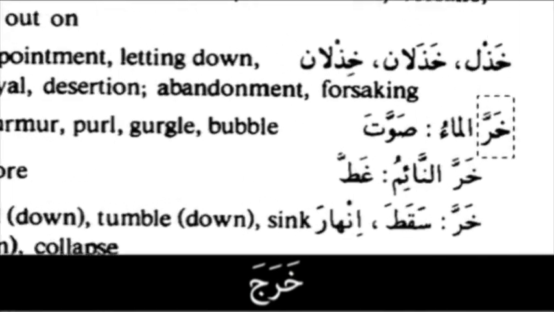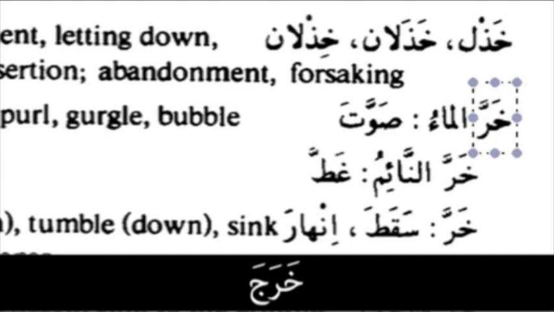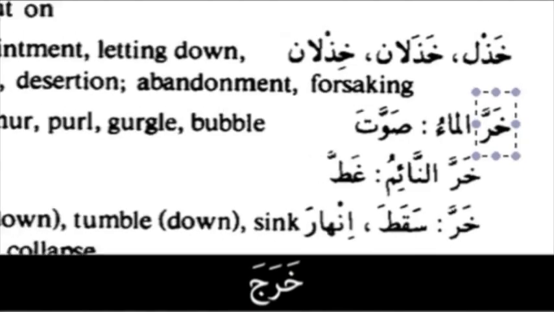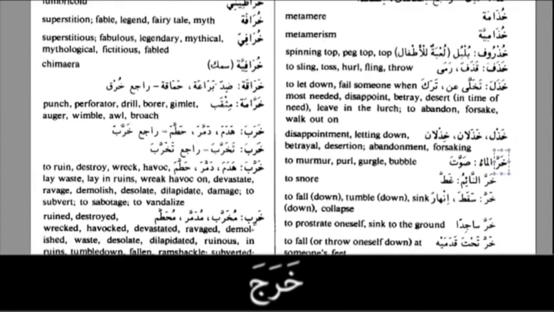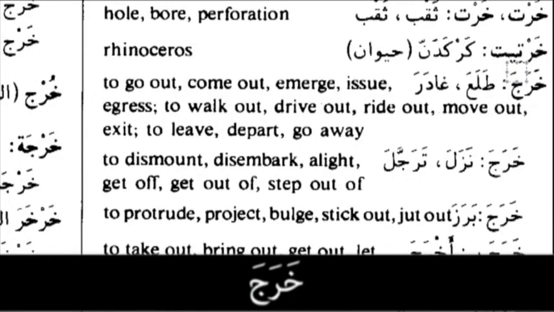As you can see here, we've now located the first two letters of the verb, the letter kha and the letter ra. Finally, we need to locate the letter jim. And as you can see, we have found the verb kharaja.